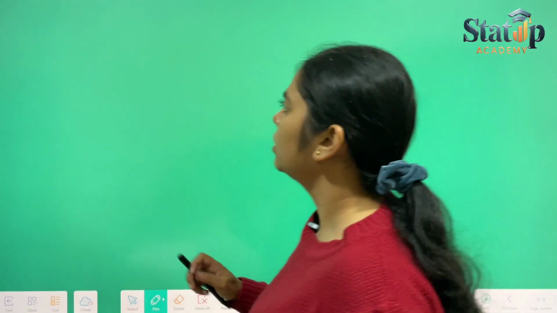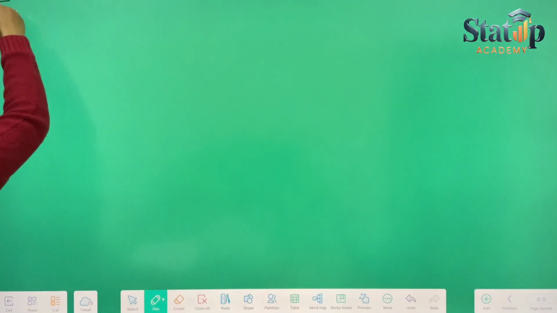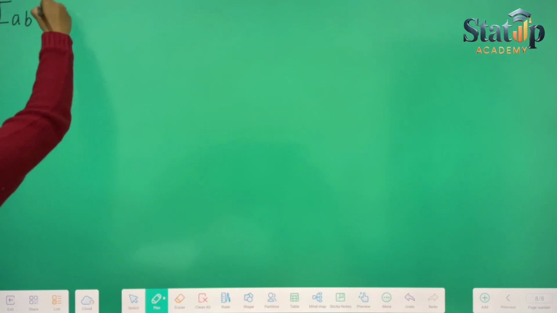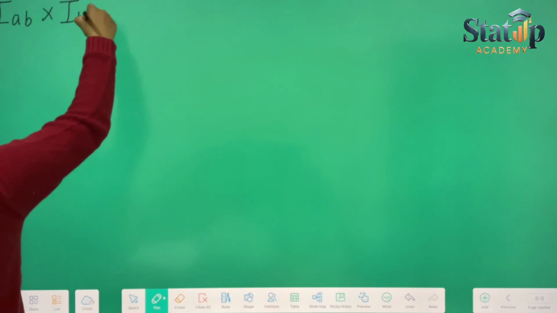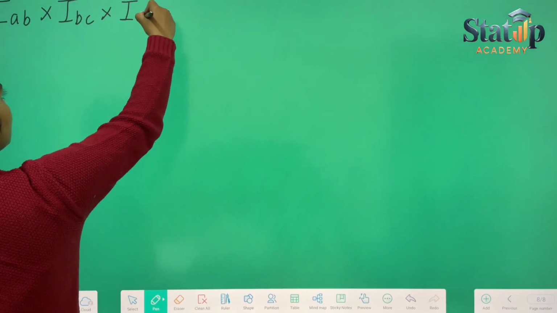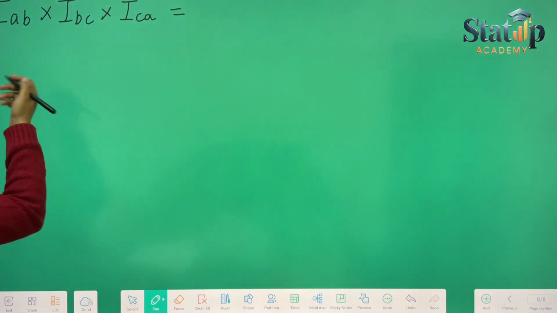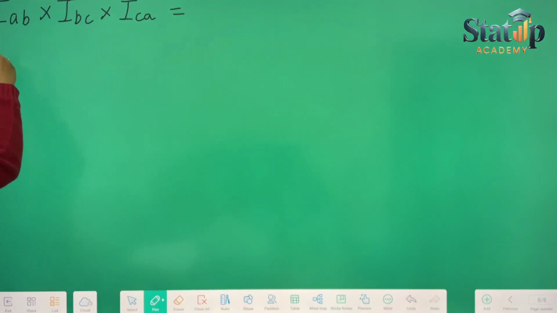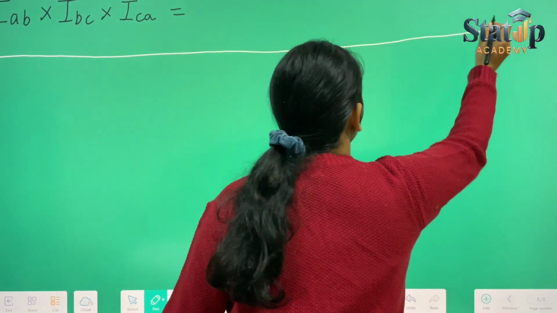Then moving forward, applying the circular test here, IAB into IBC into ICA. Since all are under root, I am taking under root all over the place.